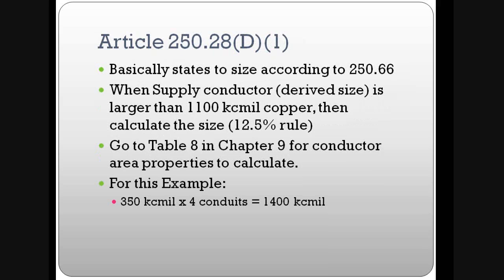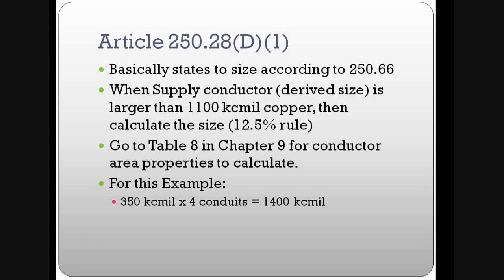Basically, 250.28(D)(1) says to size it according to 250.66, the table. So we have to derive the size of the conductor, and when it's larger than 1100 kcmil, then we calculate the size with a 12.5% rule. And then we can go to Table 8 in Chapter 9 for the conductor area properties.